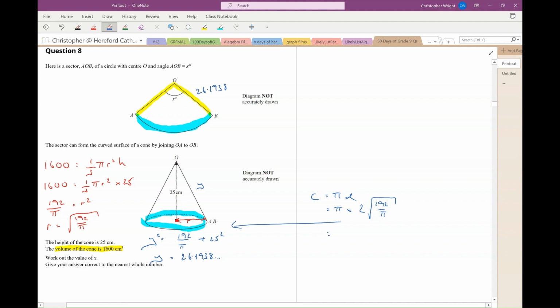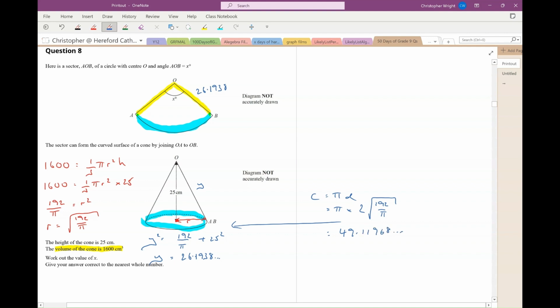So it's 192 divided by pi, square root, times by 2, times by pi, which equals 49.11968 and so on.